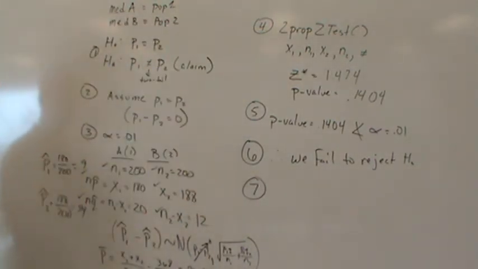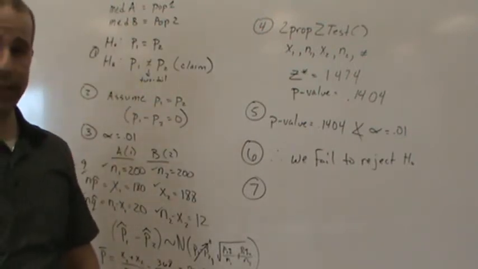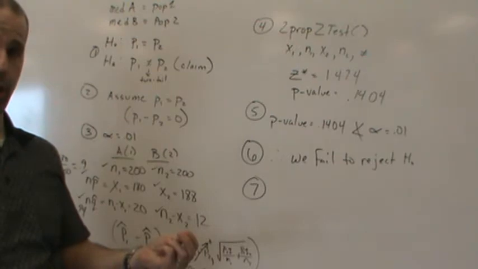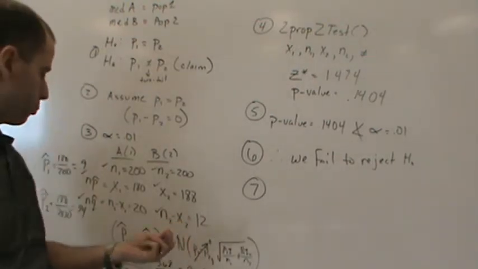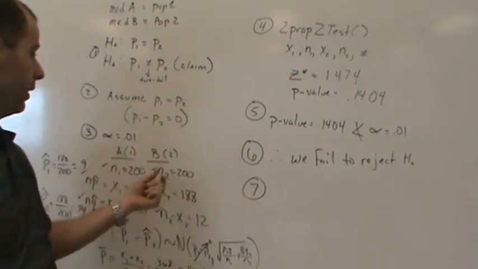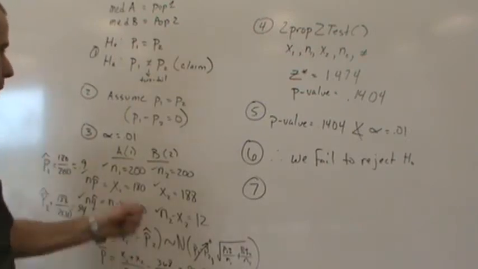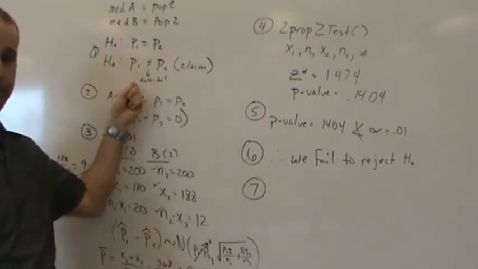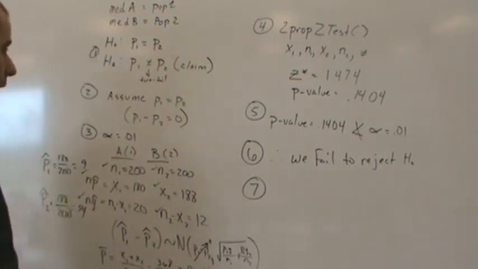What's the claim? That there is a significant difference between the proportion of people that experience relief on one of the medications and the other medication. Okay, so the proportions of people that experience relief on these medications is different. That's the claim.